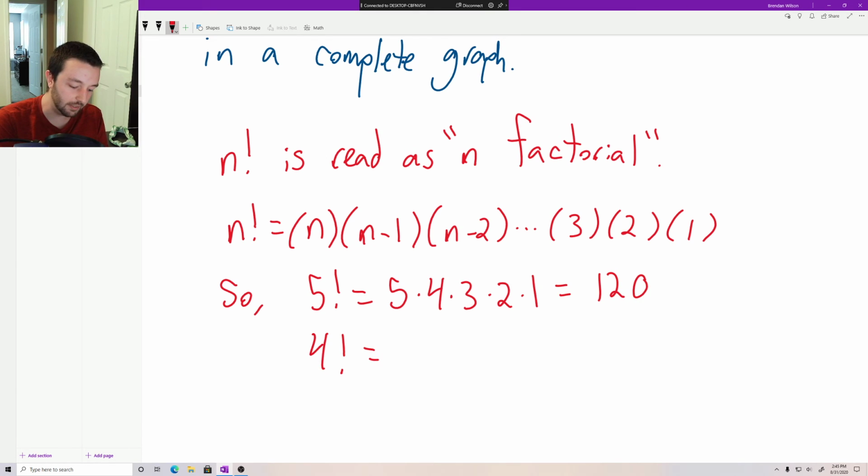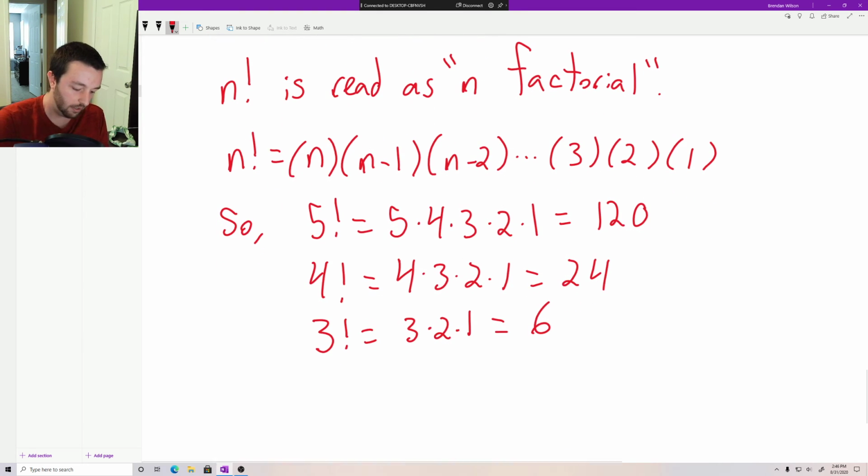4 factorial is 4 times 3 times 2 times 1, which is 24. 3 factorial is 3 times 2 times 1, which is 6. 2 factorial is 2 times 1, which is 2. 1 factorial is just 1.